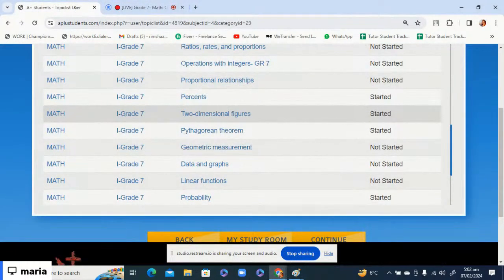So here, let's get started. Here is maths grade 7, two-dimensional figures.